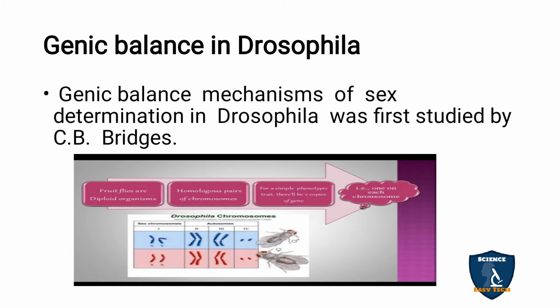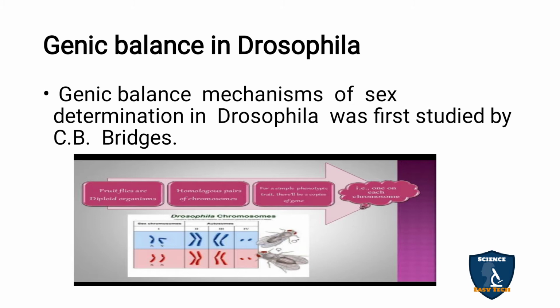Maleness and femaleness are determined by the ratio X to A, where femaleness is governed by X and maleness by A, the autosomes. So we are determining the sex ratio.